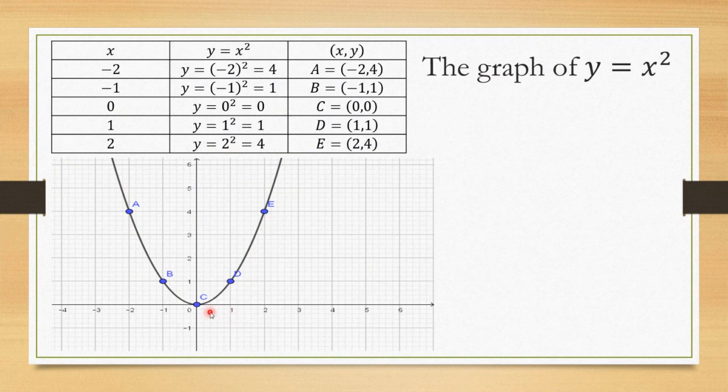Notice also here, it's only intersecting the x-axis and the y-axis at 0, the origin. The only time it touches the x-axis is at the origin. So because of that, the x-intercept is 0 and the y-intercept is 0.